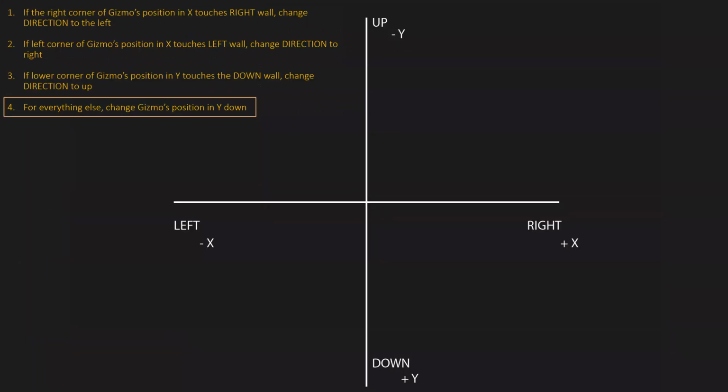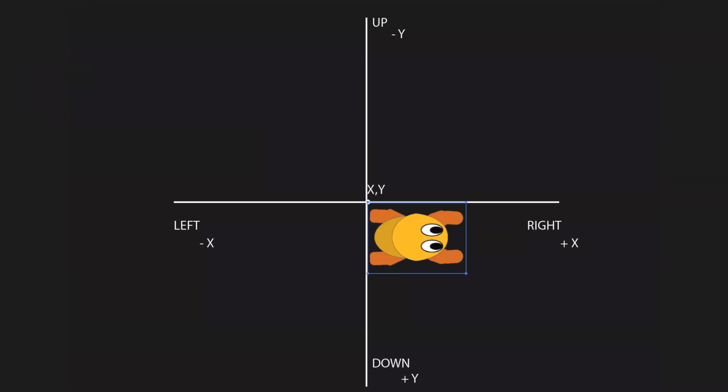So here I have Gizmo, and Gizmo looks like a square, but the coordinate that we're referring to is always located at the top left corner of my image. The center of Gizmo is not here. The point that we are referring to in X and Y coordinates is at the top left edge of the image.